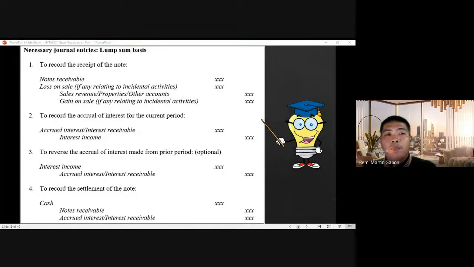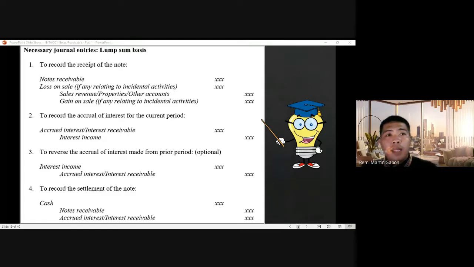We could credit properties depending on the type of properties, if it is land, building, machinery, equipment, or all other properties, if referring to incidental activities. So meaning not dealings with customers. Then other accounts, we can credit other specific accounts, particularly in lending of money.